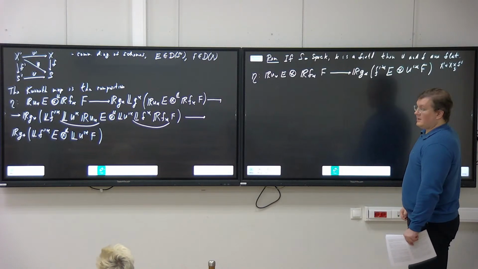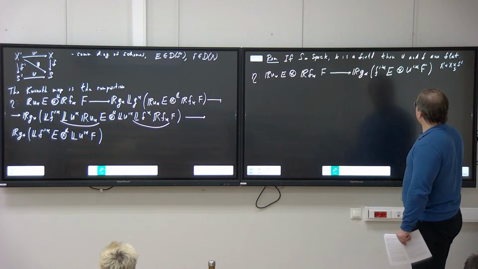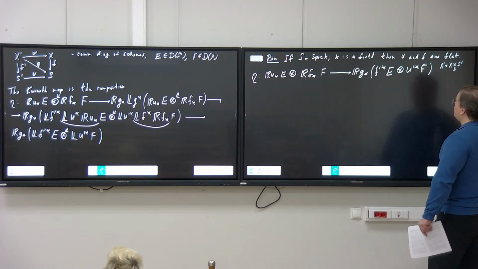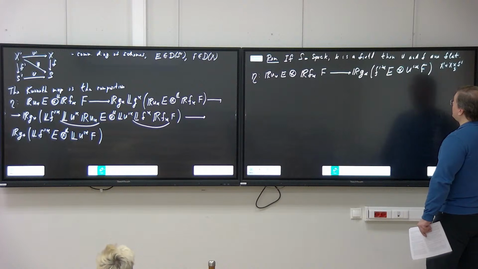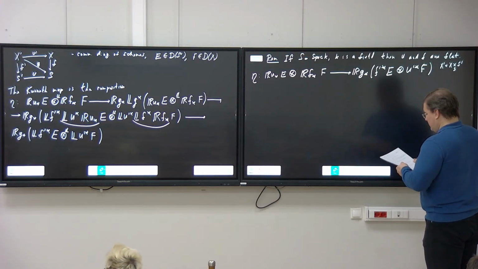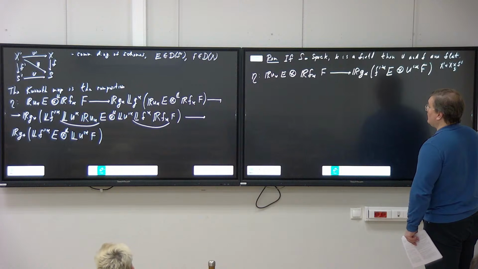Okay, I think we still need the right derived tensor product here? Well, I don't think that you need to derive this, because we know nothing about E and F, or maybe not. Yeah, I think we cannot say that.